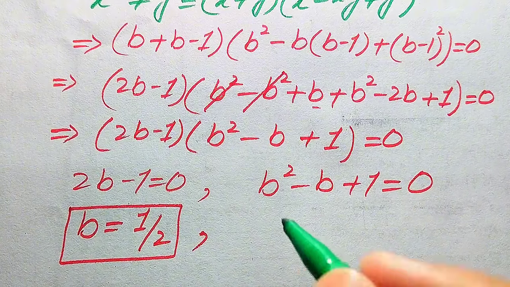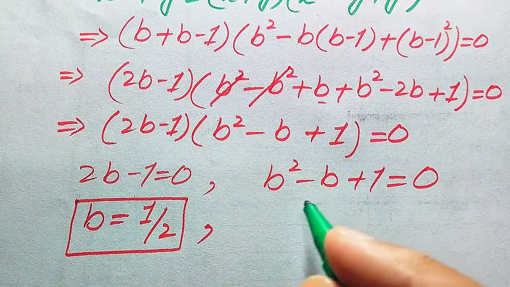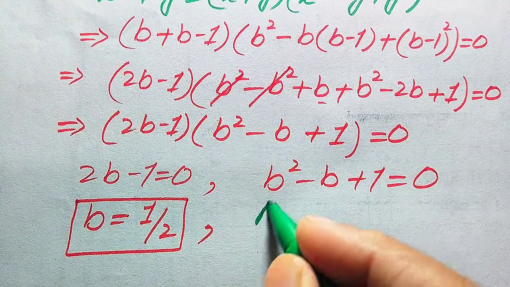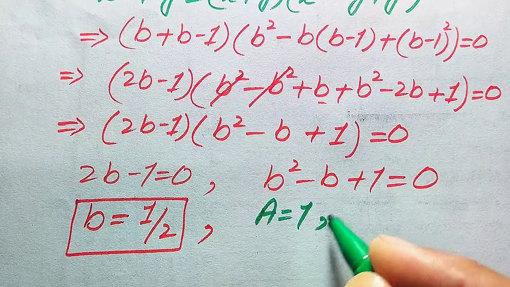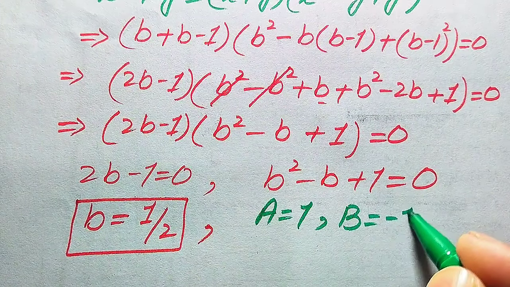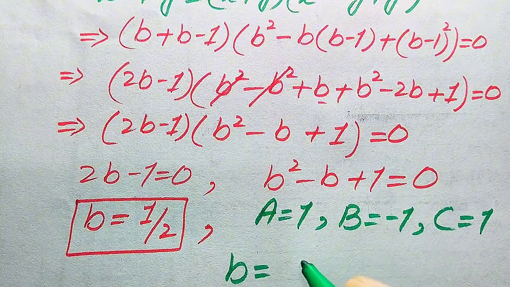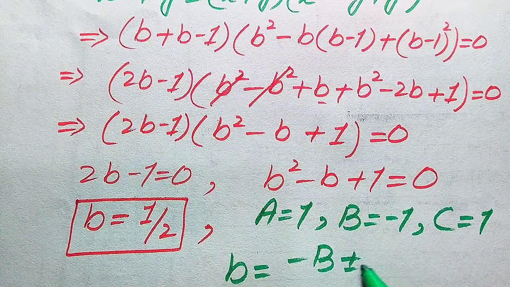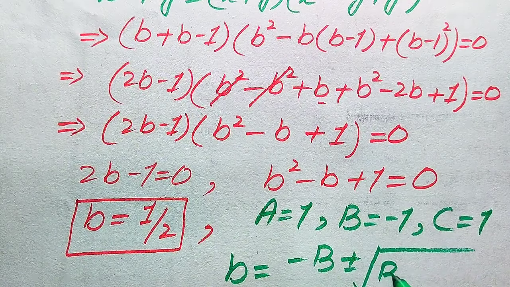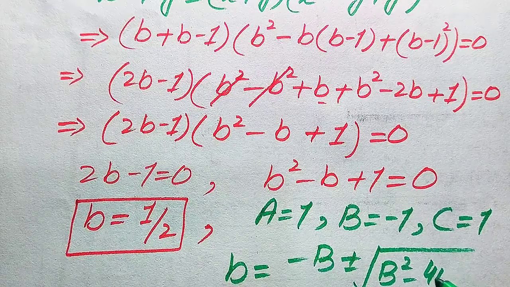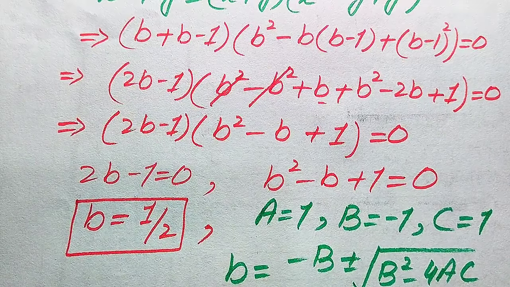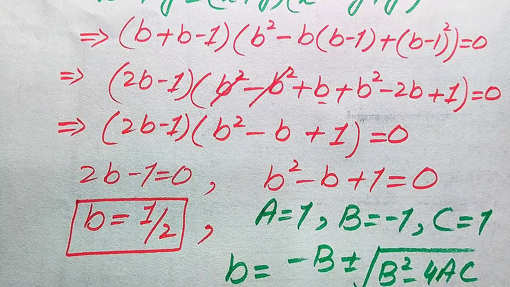From here we use the quadratic formula to solve this quadratic equation. First we write the coefficients of this equation: a equals 1, b equals minus 1, and c equals 1, and we state the quadratic formula as minus b plus minus square root of b squared minus 4ac, divided by 2a.